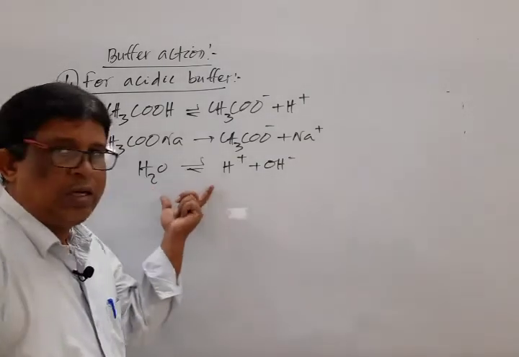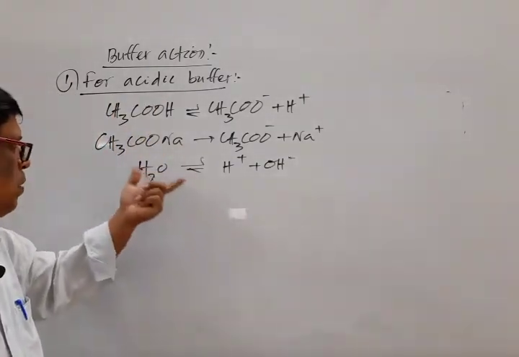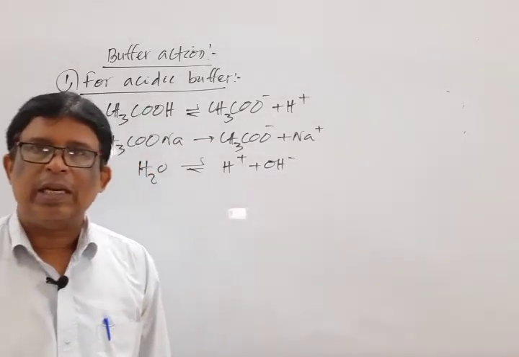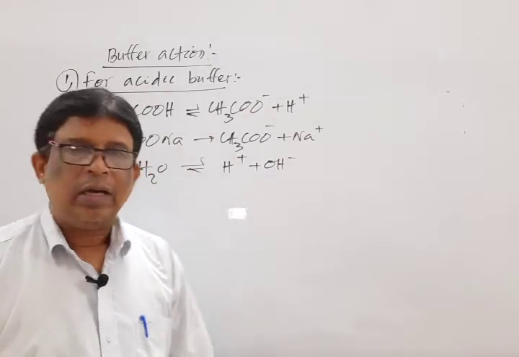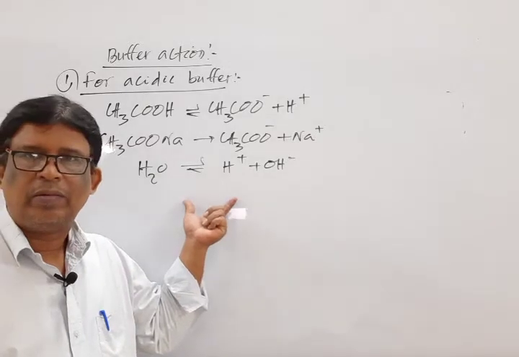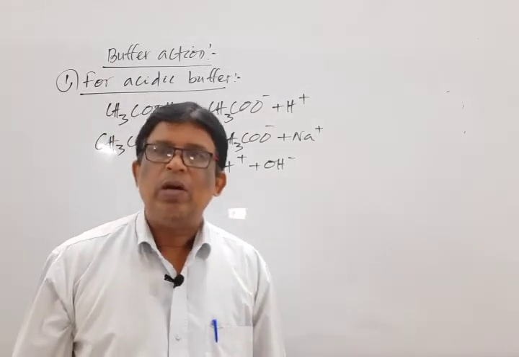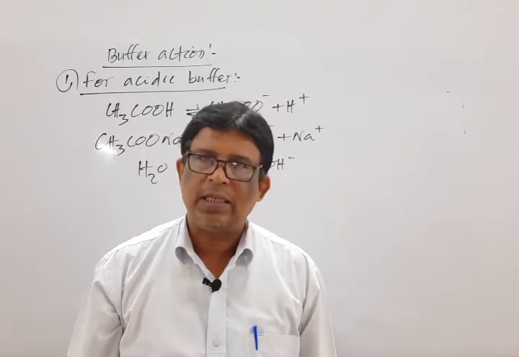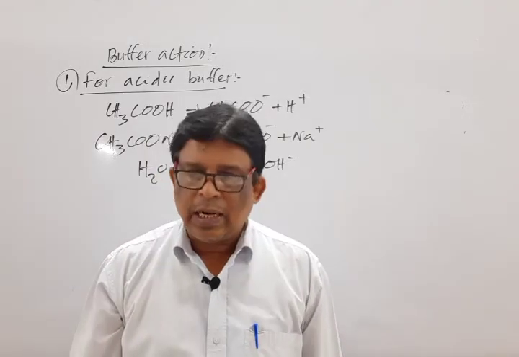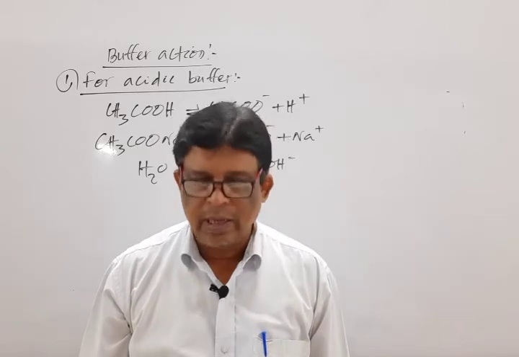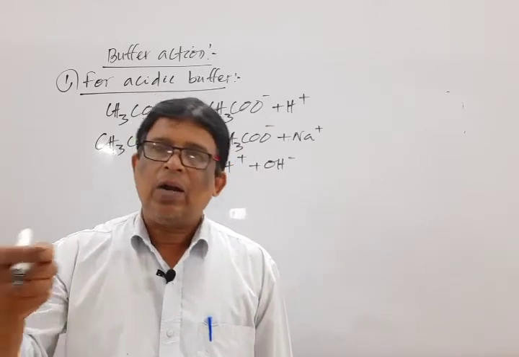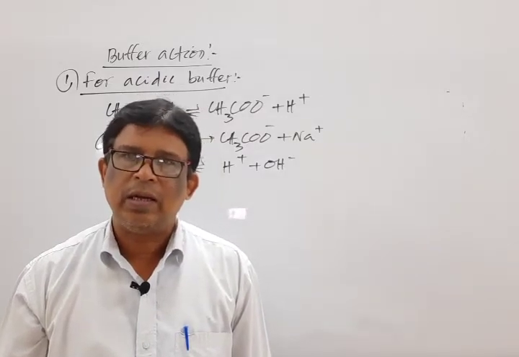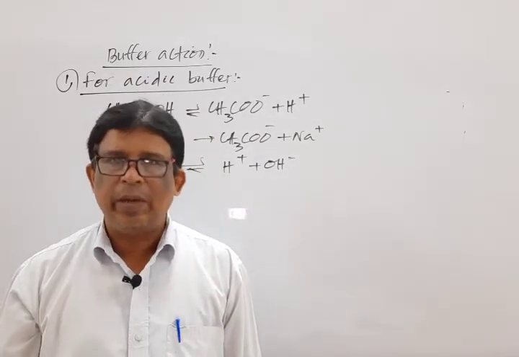So let us consider an example of acidic buffer, that is an equimolar mixture of acetic acid and sodium acetate in solution. In water they ionize like this. Our aim is to add a few drops of strong acid, let us say HCl, and then mark how pH remains the same. Similarly, we add a few drops of strong base, that is sodium hydroxide. Then also we observe how pH is maintained.